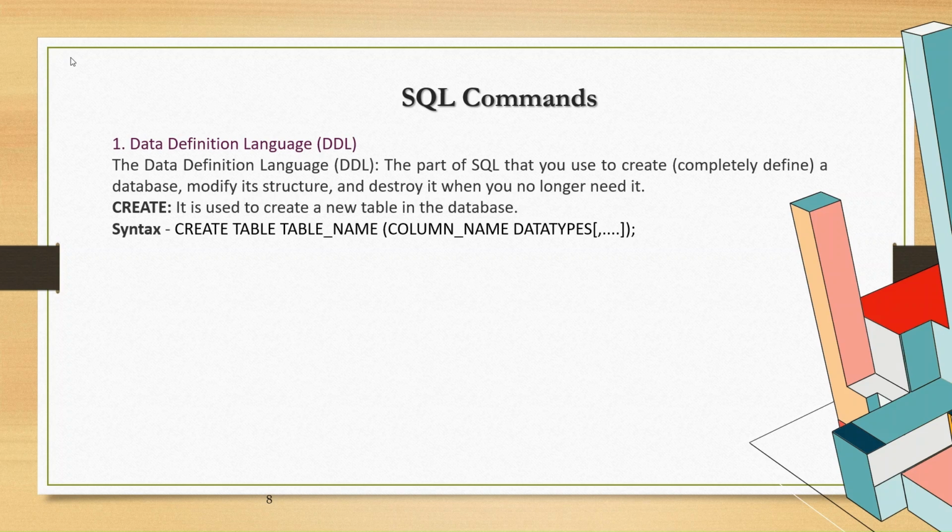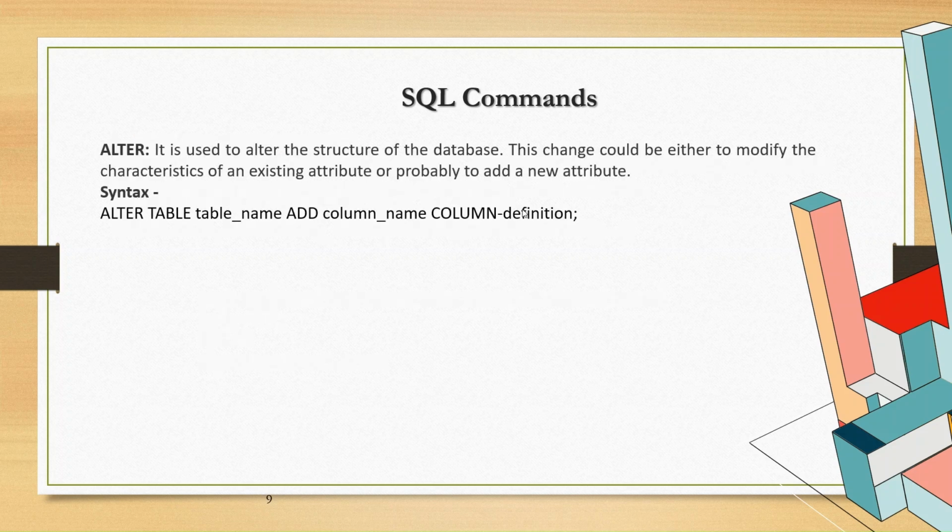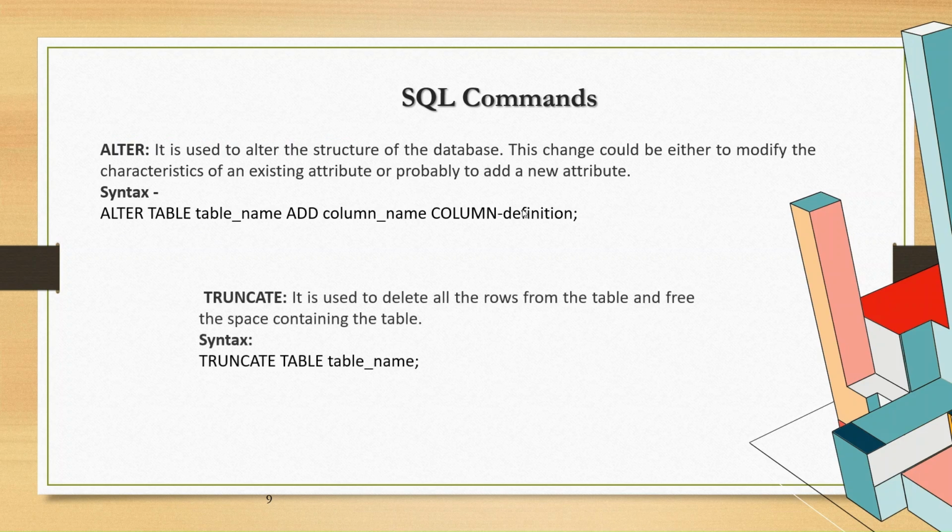You can see the syntax of this on the screen. Drop. It is used to delete both the structure and the records stored in the table. Alter. It is used to alter the structure of the database. Truncate. It is used to delete all the rows from the table and free the space containing the table.